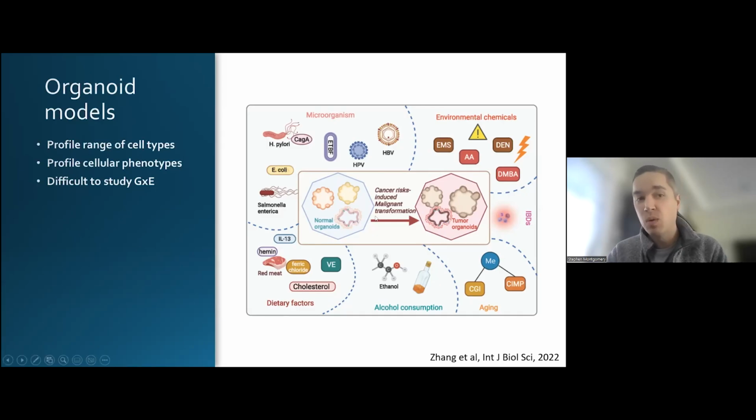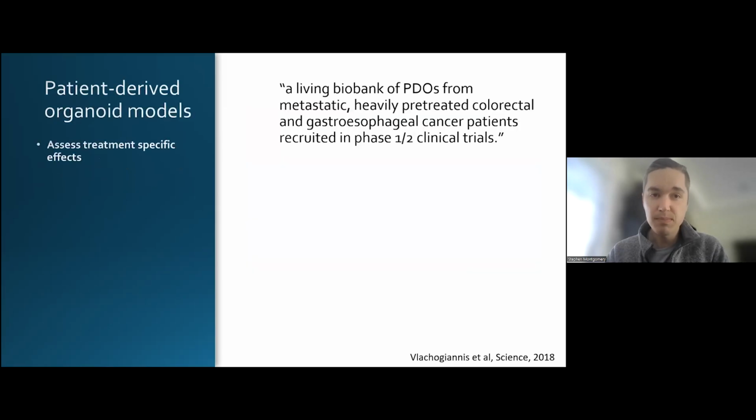However, one challenge that still remains with organoid models is that it's still difficult to study G/E. So in terms of collecting the same number of cell lines, profiling genetics, and doing those types of perturbation assays that are more commonly done in cell lines, there haven't been many studies that have done that to date.